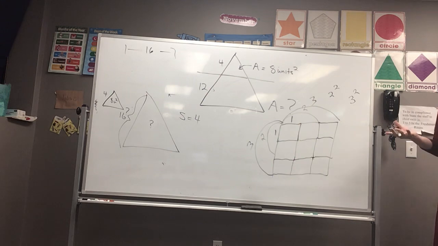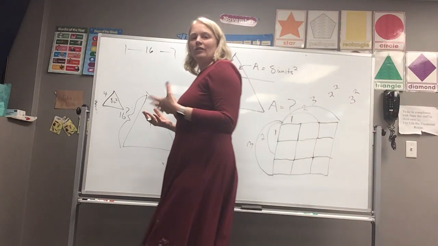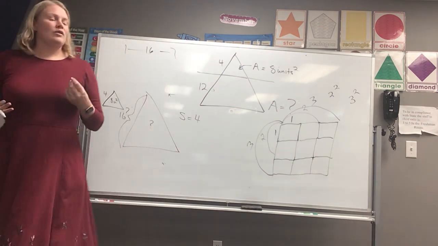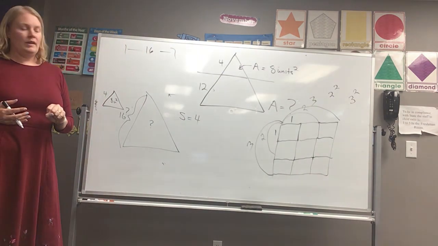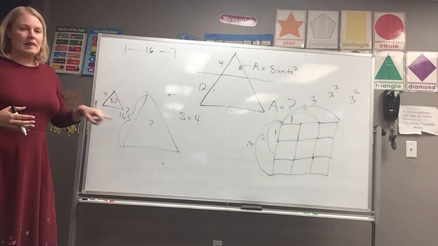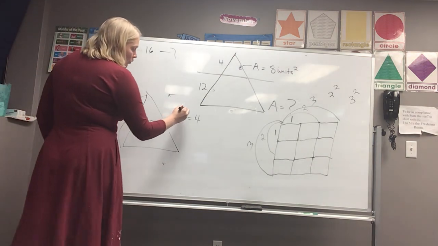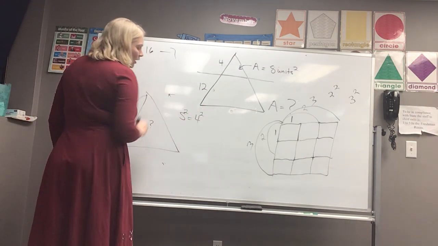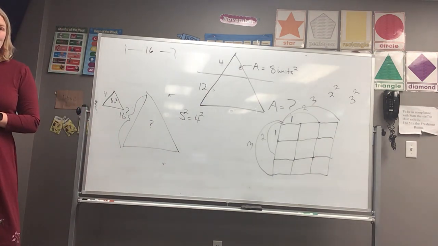As you increase the length, the scale factor of the area is going to be that scale factor squared. And so if we go from 4 to 16, our lengths are 4 times as long. Our area is going to be our scale factor squared, or 16 times as large.